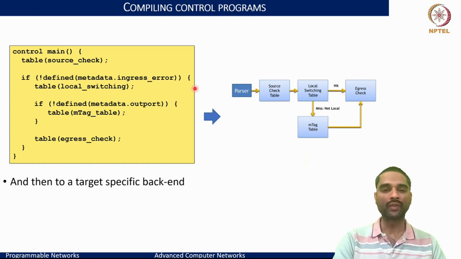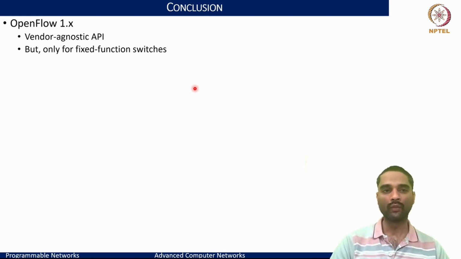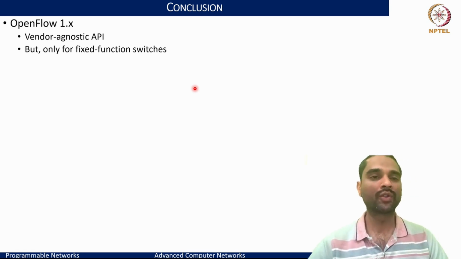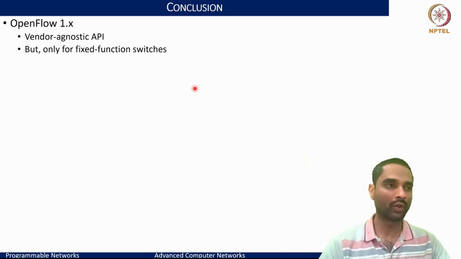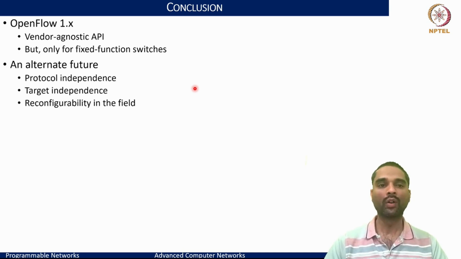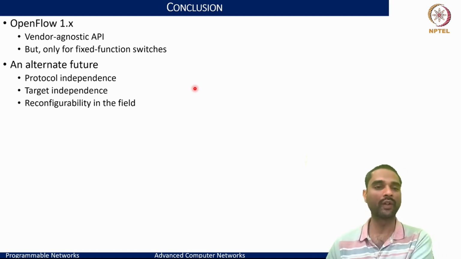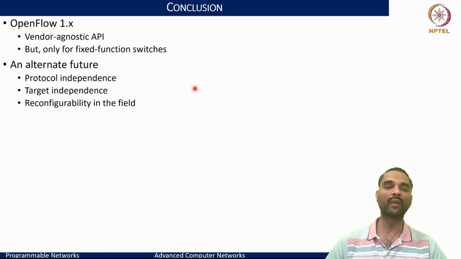So to summarize, what we have looked at is the way P4 programs can be built, where we start with vendor agnostic APIs in OpenFlow for how to dictate what actions are to be done in OpenFlow 1.0, and built on top of that, how the intents can be specified to the hardware device in a protocol independent and target independent manner, and be able to reconfigure that again using the SDN control plane.